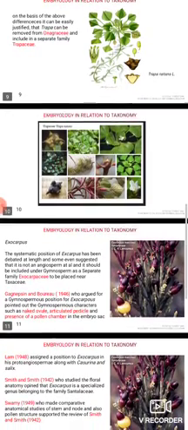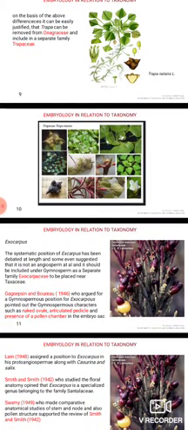Coming to the next one, that is Exocarpus. The systematic position of Exocarpus has been debated at length, and some even suggested that it is not an angiosperm at all and it should be included under gymnosperms as a separate family, Exocarpaceae, to be placed near Taxaceae.